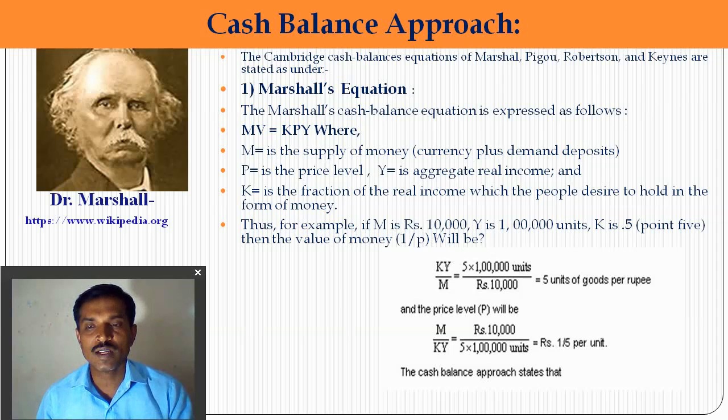The price level P is found as M/KY, which is 10,000 of money supply divided by 0.5 multiplied by 1 lakh units, so equal to 1 upon 5 per unit is the value of money as per Marshall's equation.